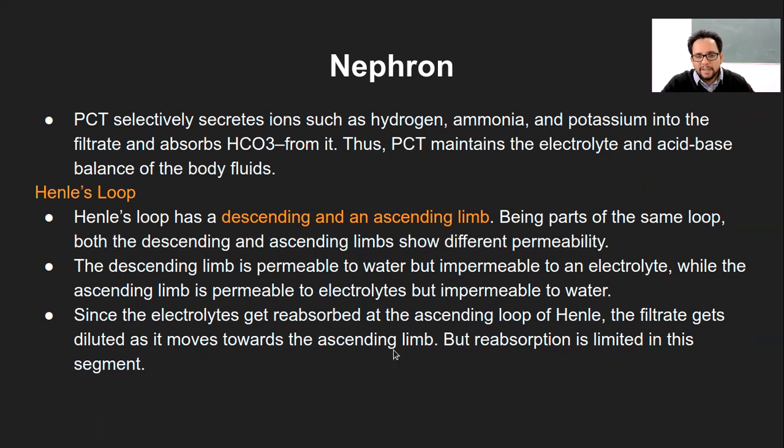So the descending limb, that is the first part of the Henle's loop, is permeable to water but is impermeable to electrolyte. That means water can squeeze out through it, but the electrolytes cannot. While the ascending limb is permeable to electrolyte but is impermeable to water.